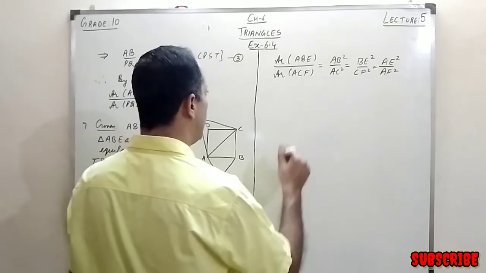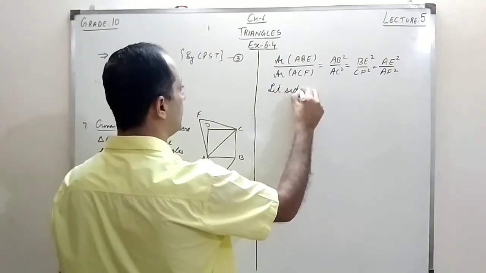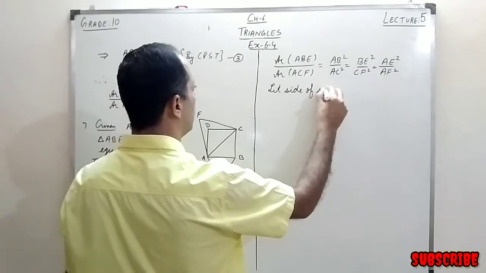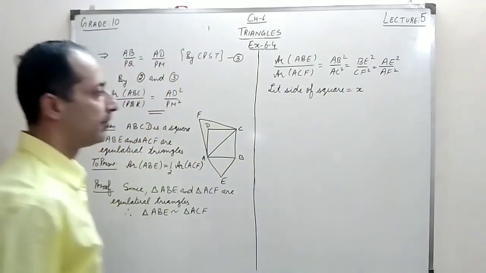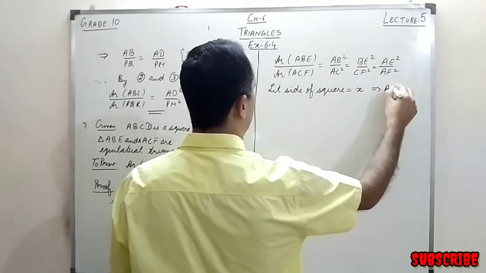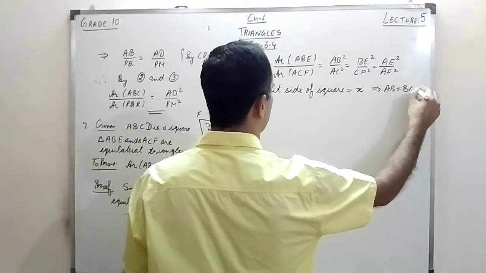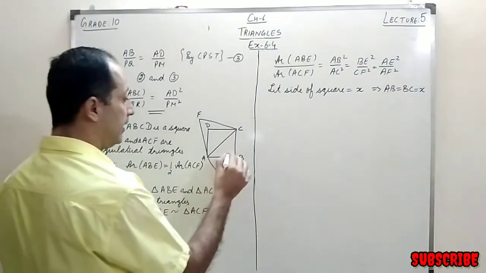So suppose the side of the square equals x. So I have that AB equals BC equals x, right? Now what else? I take triangle ABC.